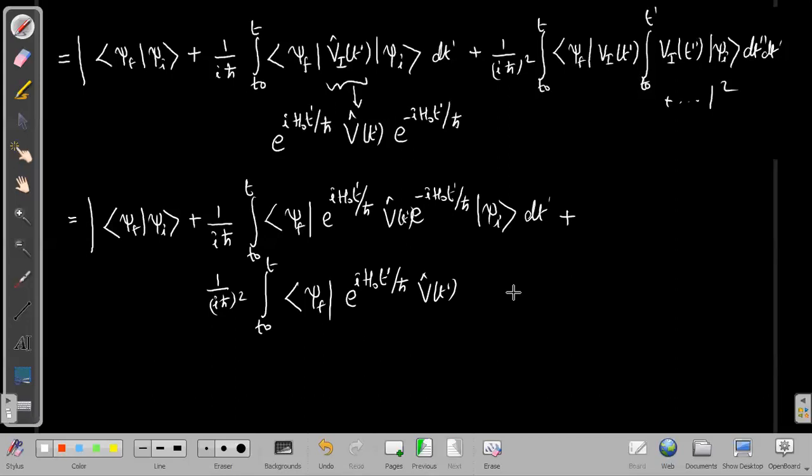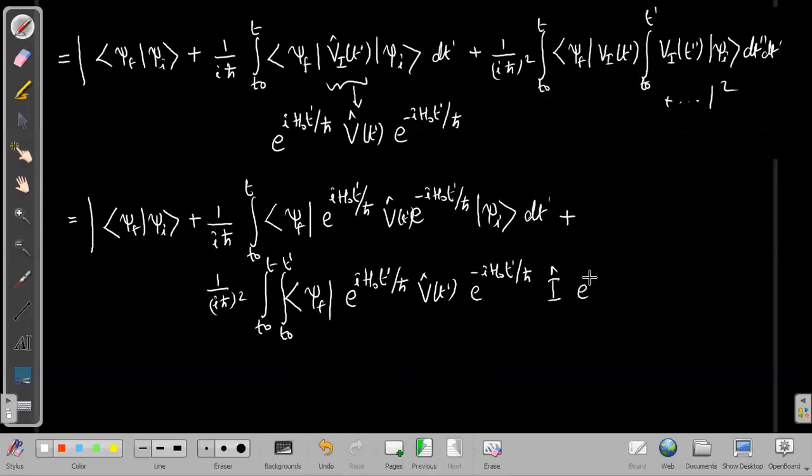Then we'll get another integration. Okay, so better I will put both integrations here itself. So t0 to t'. Then that integration would be e raised to minus iH0 t' by ħ. And next, okay, there is a small issue, so better I will put an identity here.